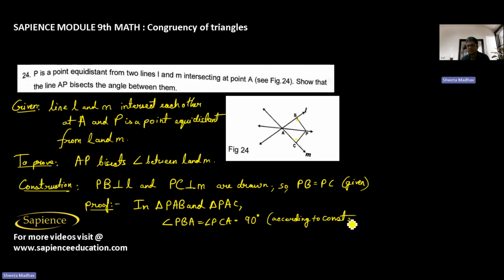And AP is the common side. And PB is equal to PC.